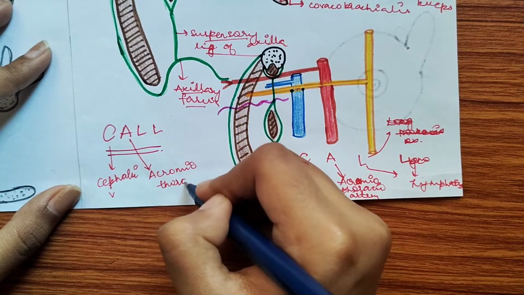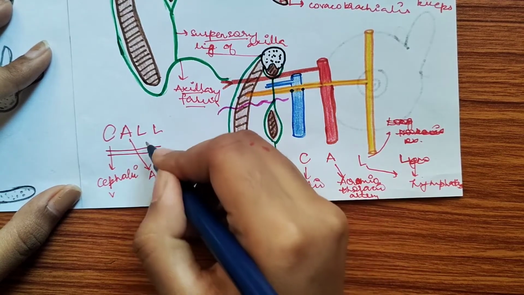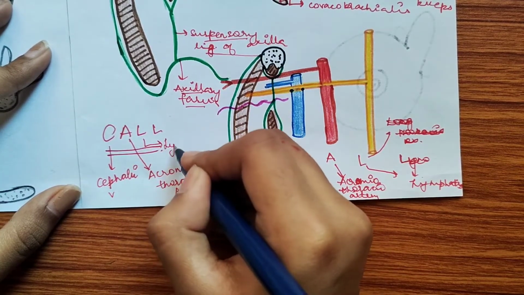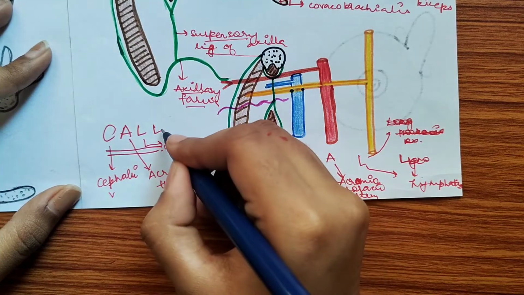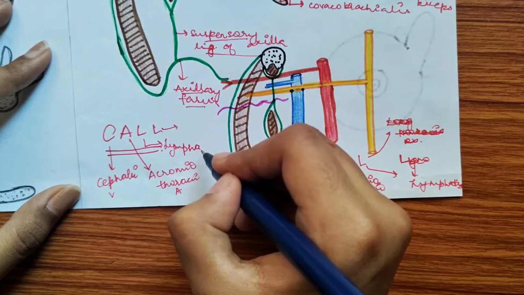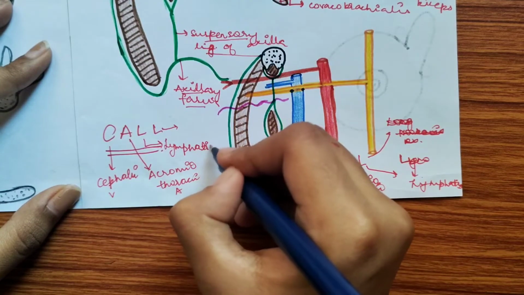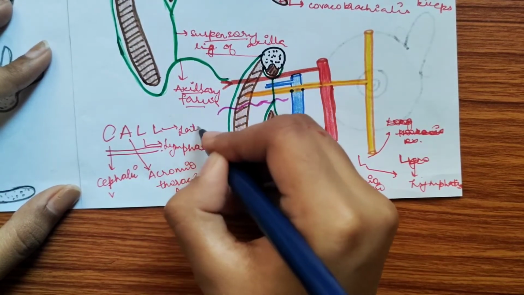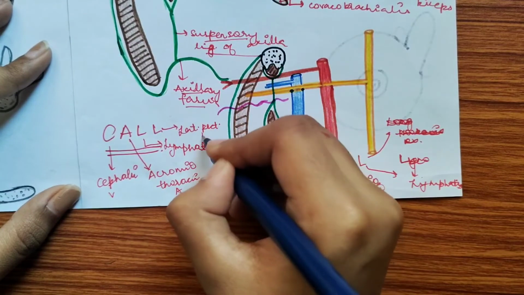The L here represents the lymphatics which pass through it. The other L represents the lateral pectoral nerve, which is a branch of the lateral cord of the brachial plexus.